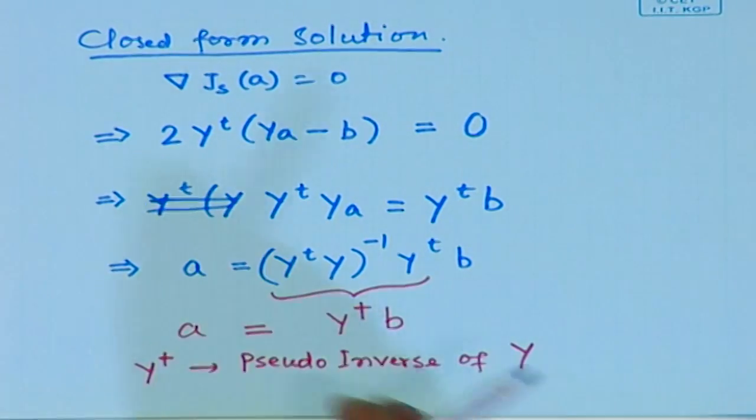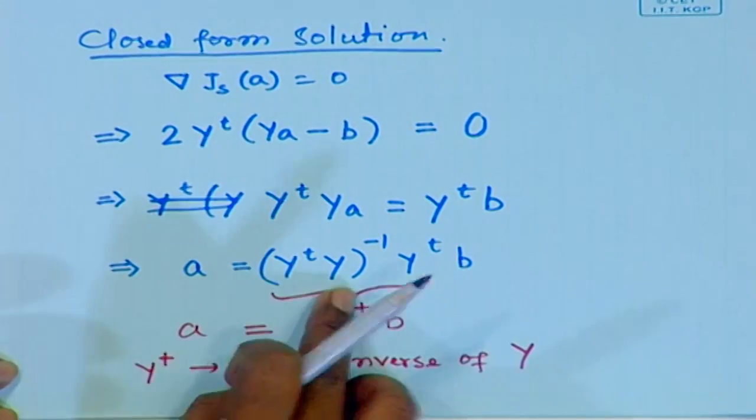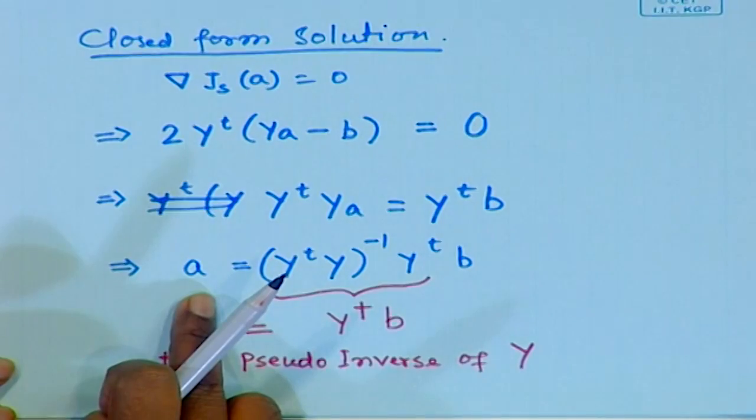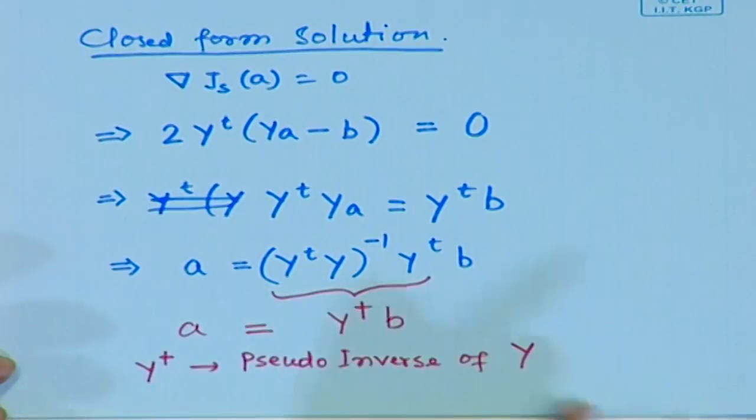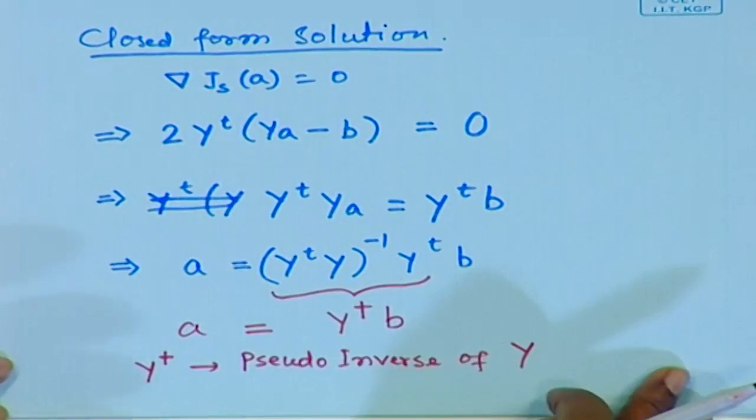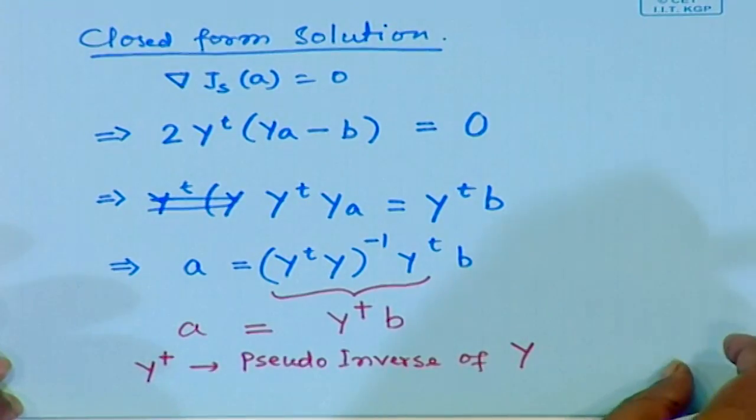But still we can find a solution for this weight vector A following again some iterative algorithm. That is an algorithm which is called the Widrow-Hoff procedure or LMS procedure, least mean square procedure.